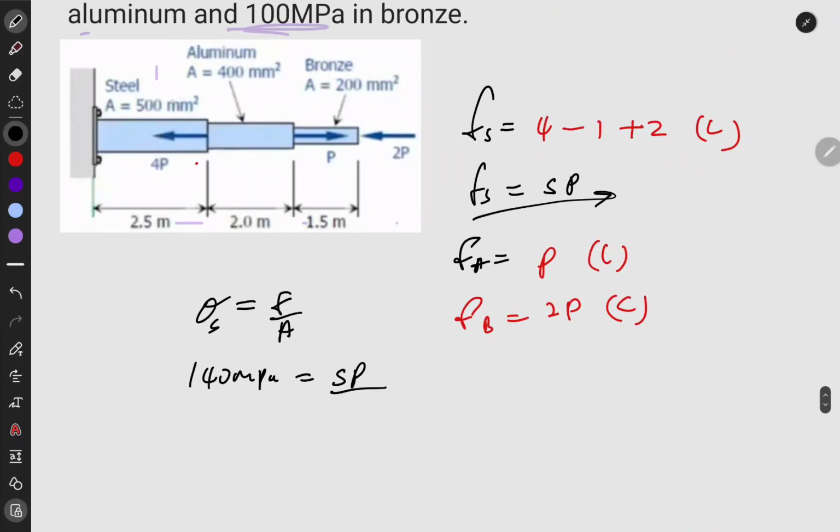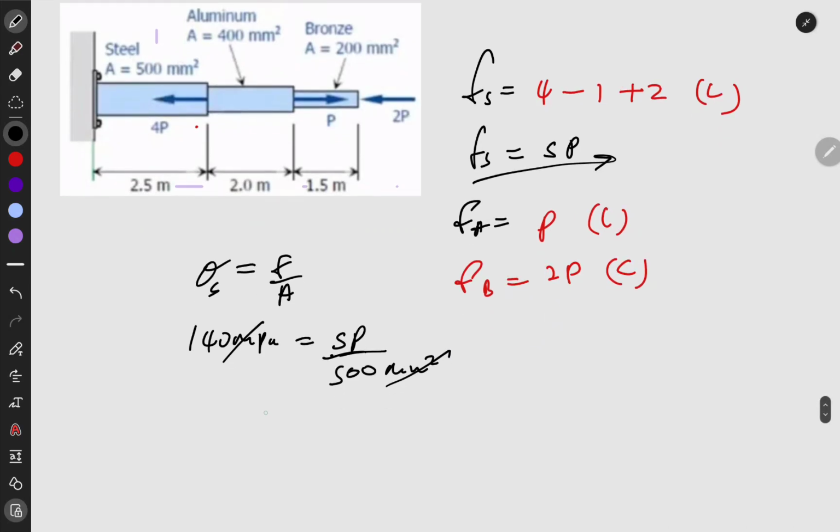It's given so nicely as 500 mm squared. The mm's cancel so nicely. Then we'll end up having P equal to 140 times 500 over 5. So I think that will be our first P, or P max on the steel.